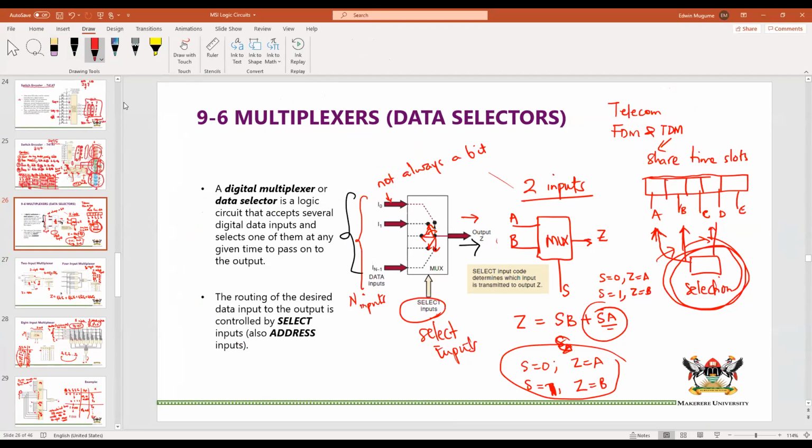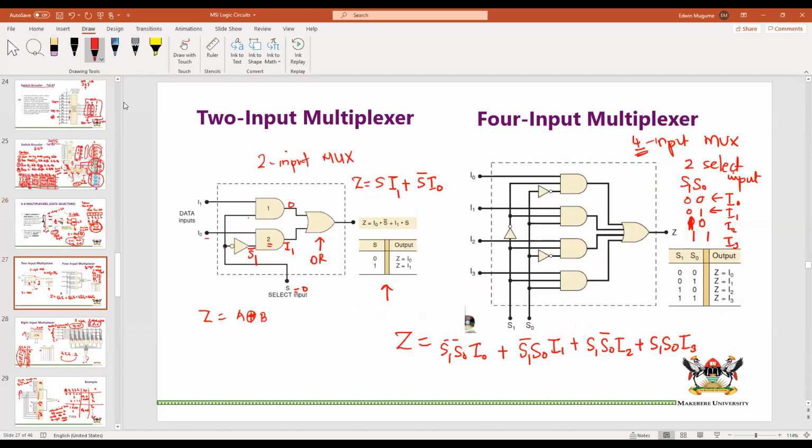We choose the input to pass through using select inputs, and the number of select inputs depends on how many inputs go into the multiplexer. For instance, if you have just 2 inputs, you use 1 select bit. If you have 4, you use 2, because 2 bits give you 4 unique combinations.